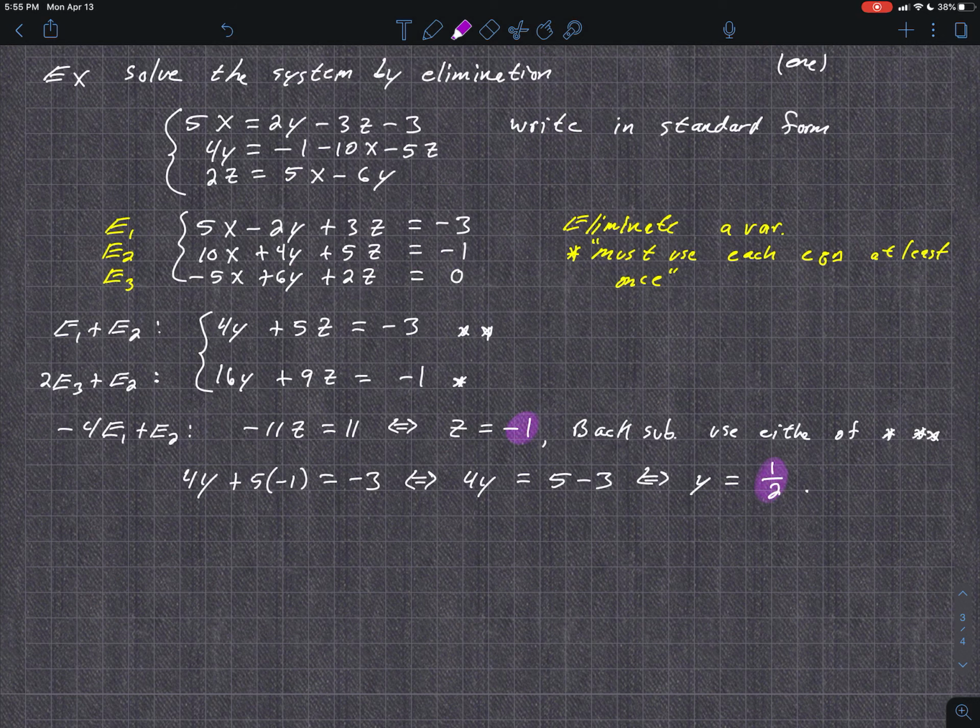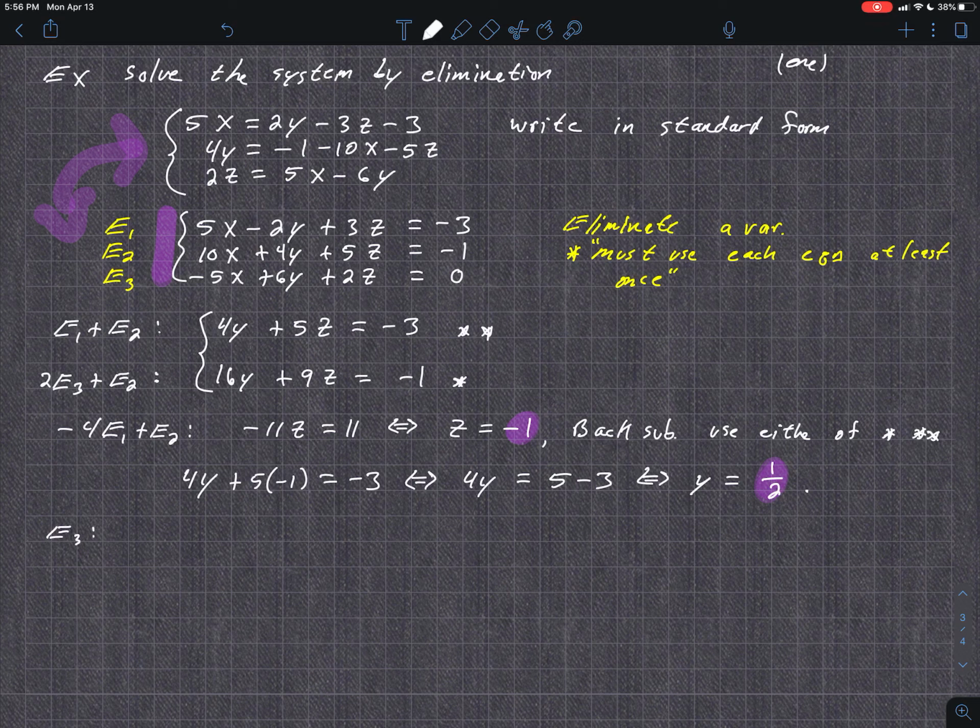So now you're going to take 1/2 and negative 1 and substitute into either of those. You could go back to the original, but you don't really have to. Okay, so you want to go back to where you see x in your system. So I used equation 3 for no particular good reason. Maybe because there's a 0 there on the constant, make it a little easier.